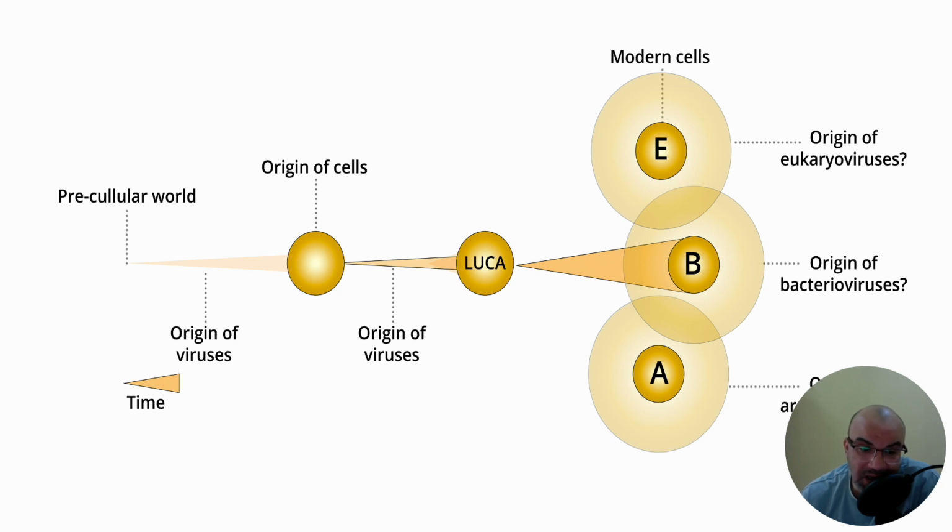As we can see here, within the description of biology, among the natural selection and evolution theory, Darwinism, there is still debate on how and when viruses appeared in life.